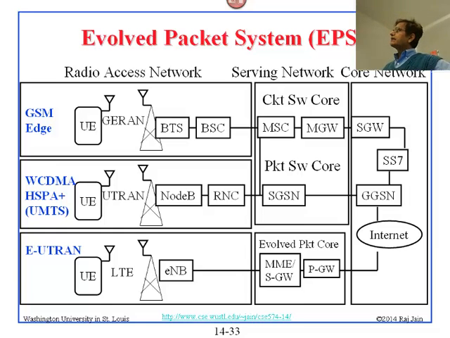Okay. Another name change is, this was called BTS, which was basically the base transmitter system, and this is called node B. B has to do with the base, and then this is enhanced node B, not evolved.